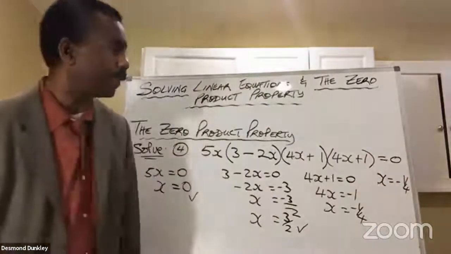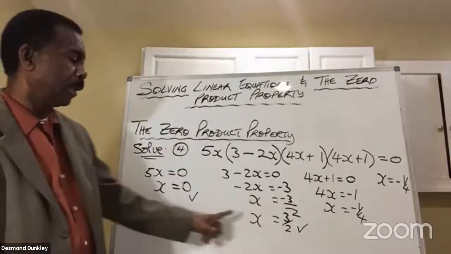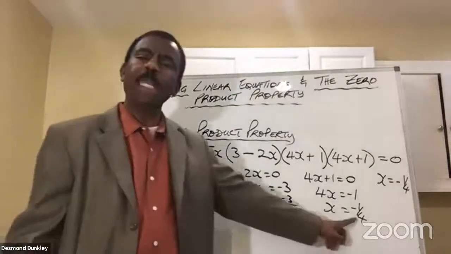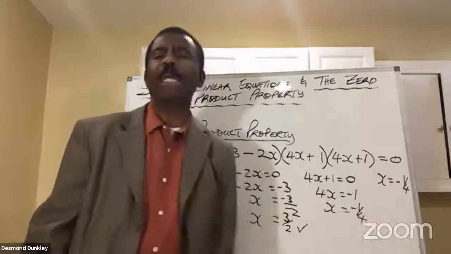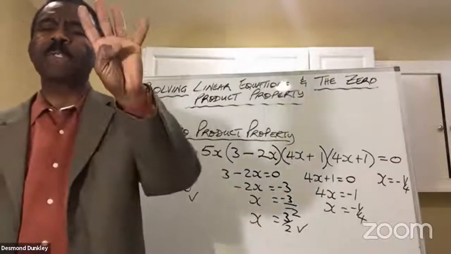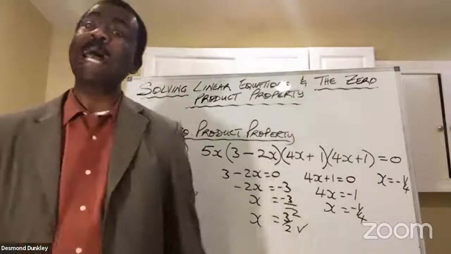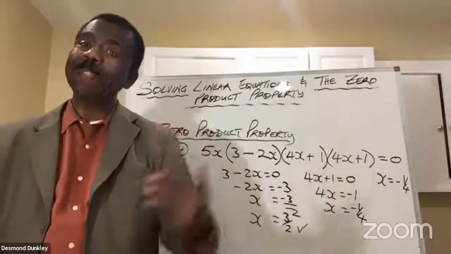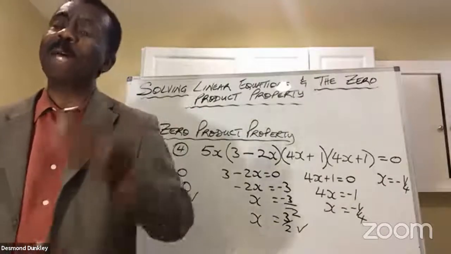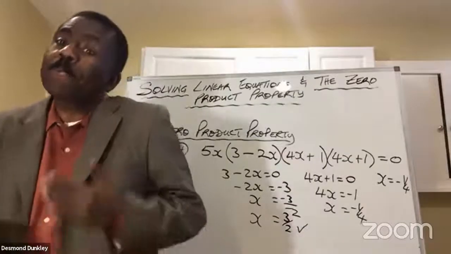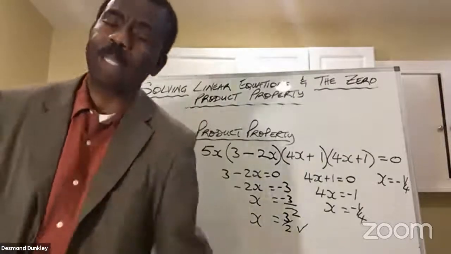So what are the answers? 0, 3 over 2, negative a quarter, and negative a quarter. 4 answers, and 2 of them are identical. And that is okay. It is okay to have an identical solution or multiple solutions that are equivalent.